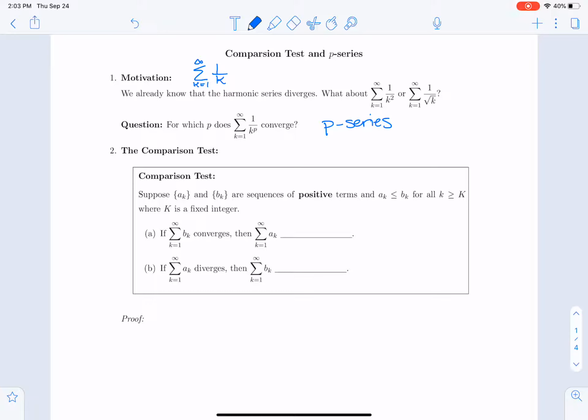So we're going to let a sub k and b sub k be sequences of positive terms, and we're going to say that a sub k is less than or equal to b sub k for all k greater than or equal to some capital K. So what I'm imagining here to draw in this scenario is that I have a sequence. I'm going to call this sequence a sub k. Looks like that.